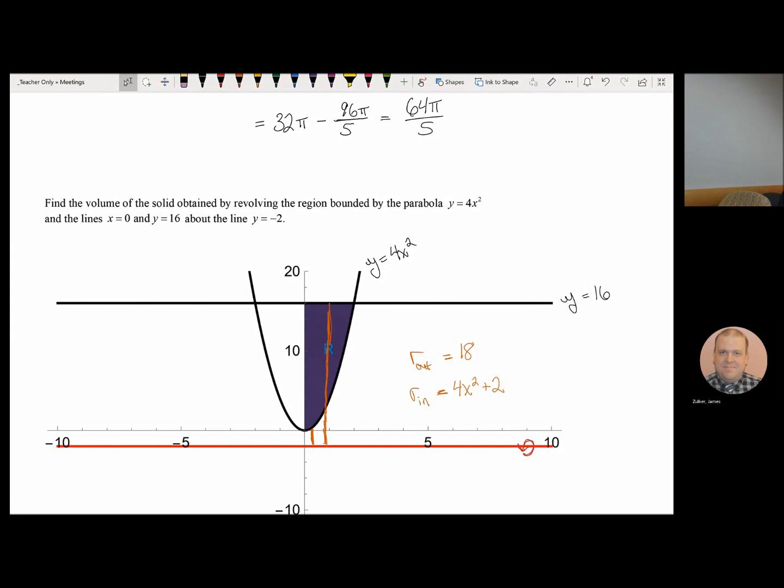It's being added, right? That's why it's +2. If the axis of revolution was above, you'd be subtracting. So again, that's why, typically speaking, it's good to have a visualization in front of you so you can easily see what's going on.